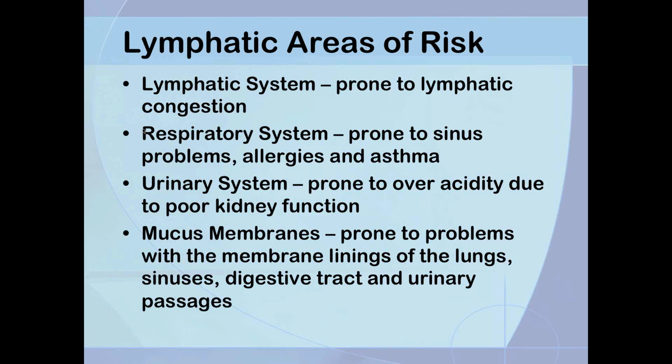Basically, a lot of this has to do with mucous membranes. So you have mucous membranes lining the respiratory passages, the urinary system, as well as your digestive tract, all of which is your first line of immune defense. So this is kind of the major area where these people are likely to have health issues showing up in their life.